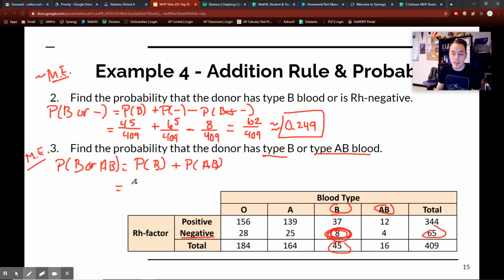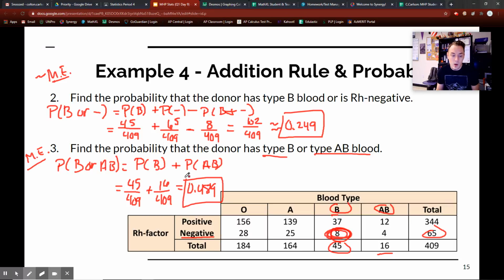The probability of B is 45 all over 409, just like the last example, plus the probability of AB, which is 16 all over 409. When I add it and reduce it down, it gives me a decimal, roughly 50%. So roughly 50% have a type B blood or type AB blood.